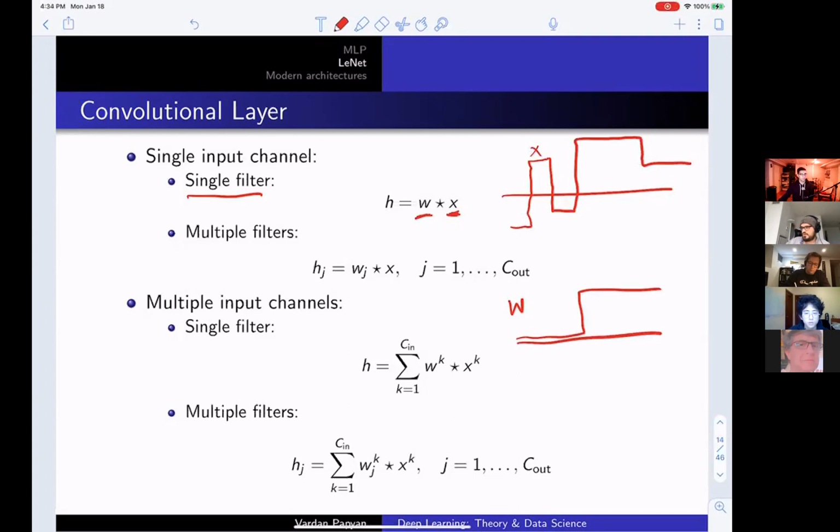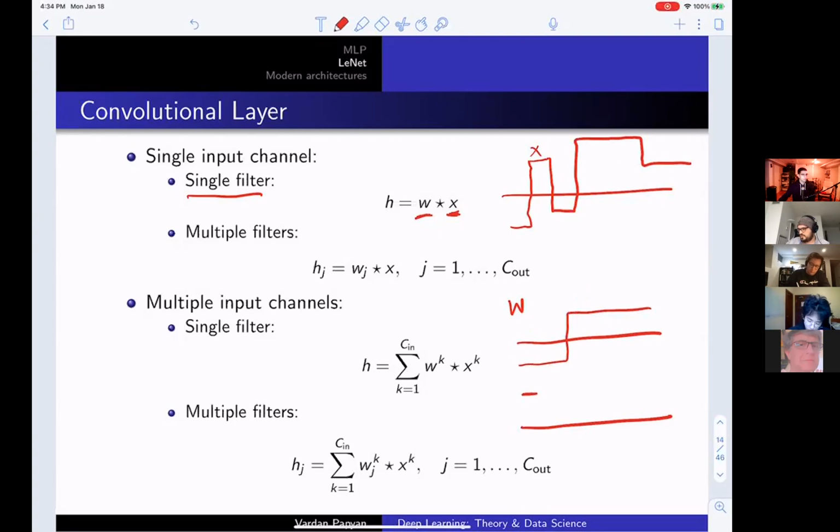So what is going to be the result of the convolution? Here it's going to be positive, and here I guess we should make this negative. So this is like +1 and -1.